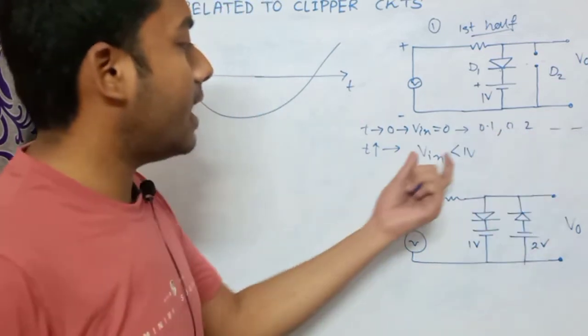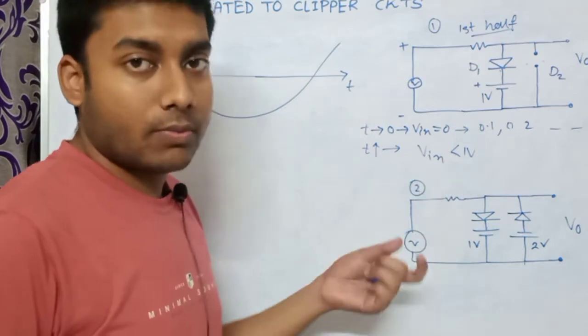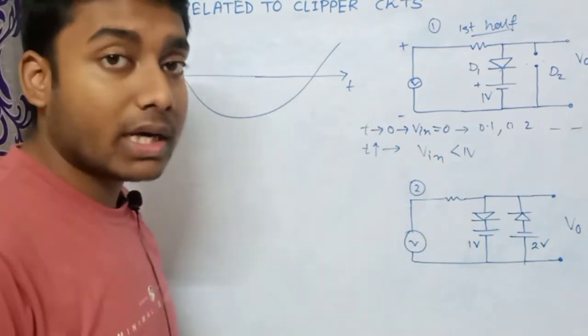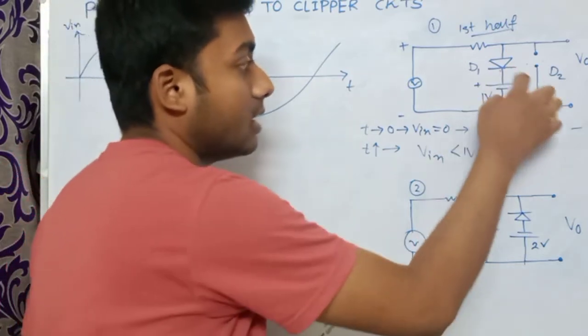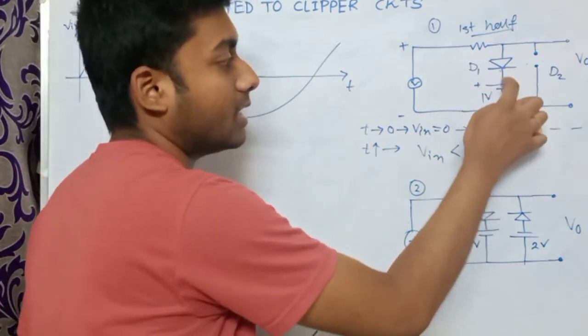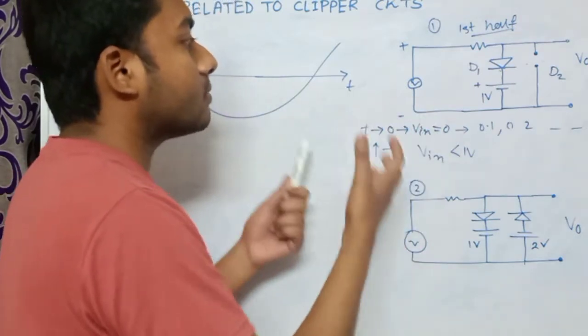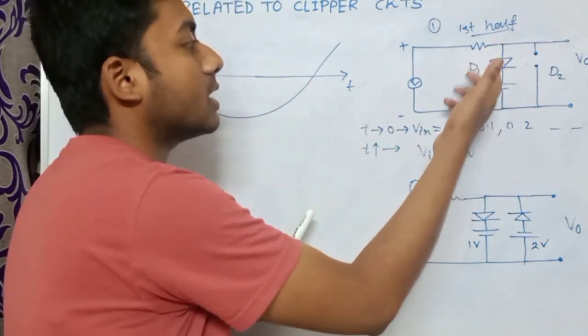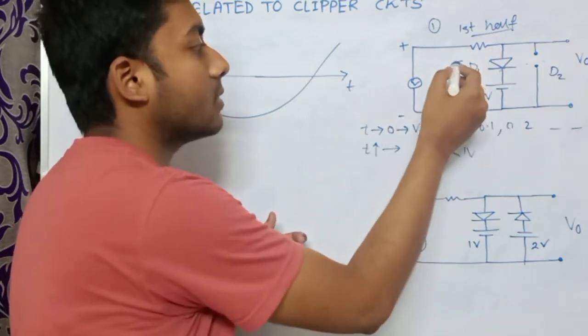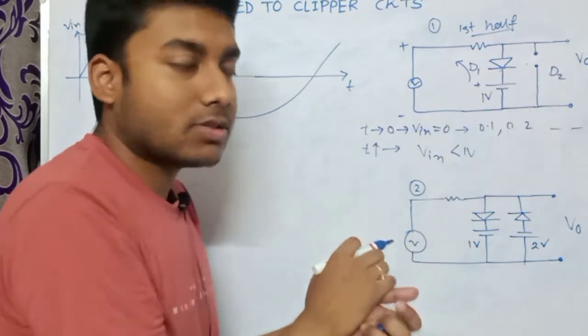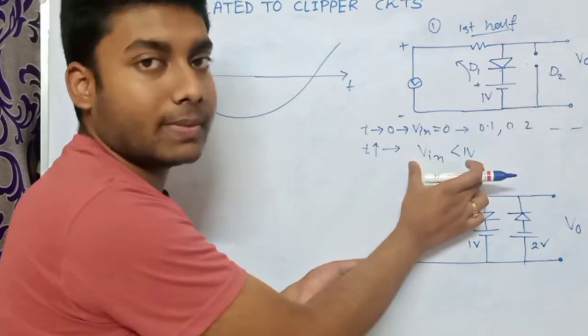In this time period, when Vin is less than 1 volt, the battery's voltage will dominate and try to force the current in this direction, and due to that this diode will be in reverse bias condition.